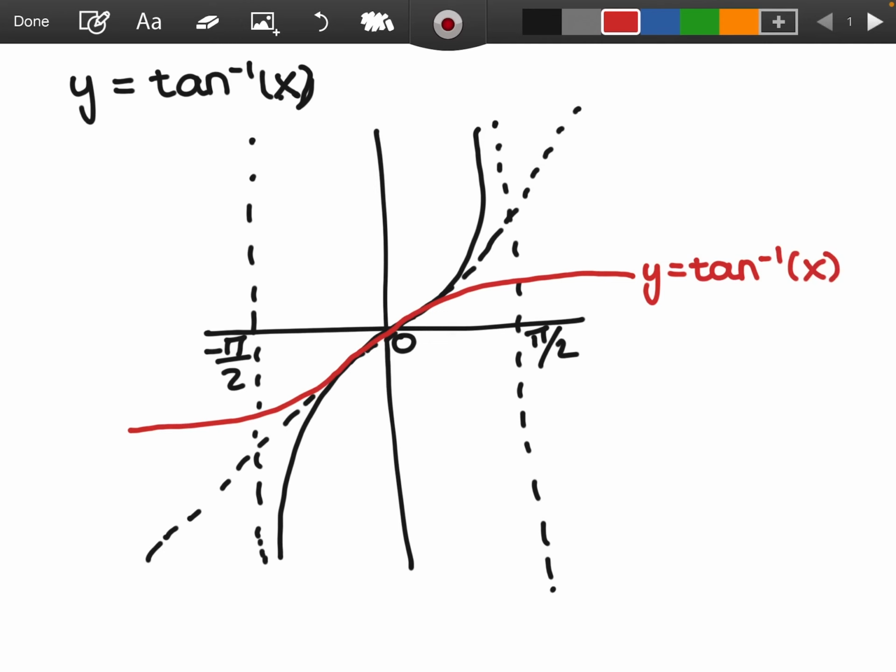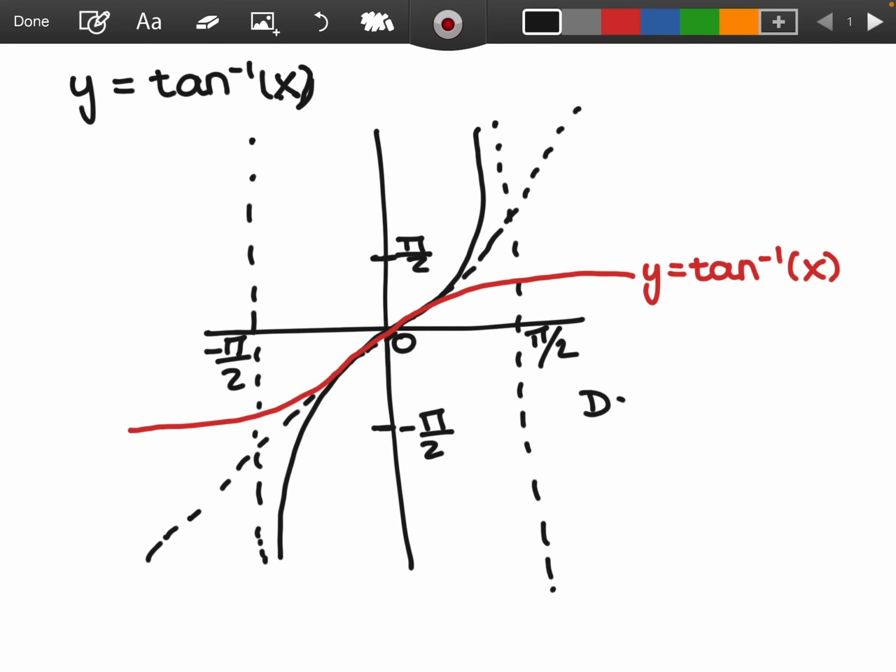This time we're actually going to have these horizontal asymptotes. So it's not going to go above pi/2, and it's not going to go below -pi/2. Again, remember, our domain for our original function becomes our range of our inverse function.